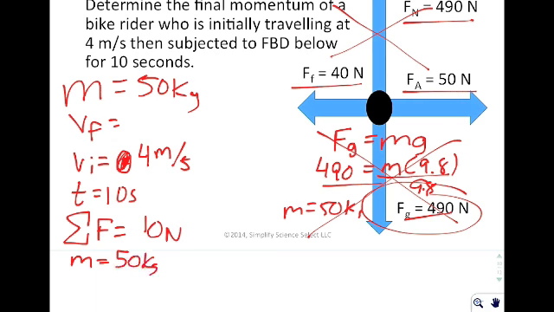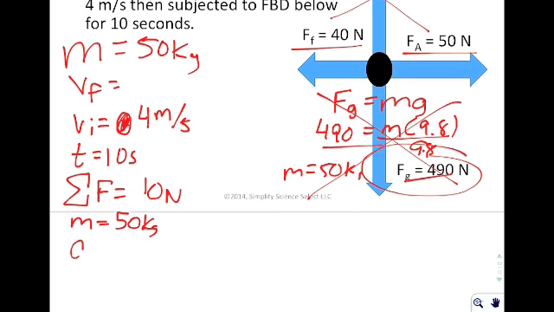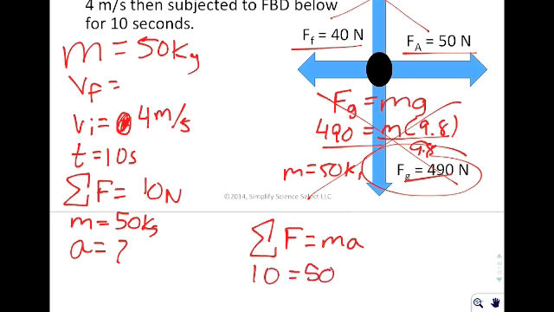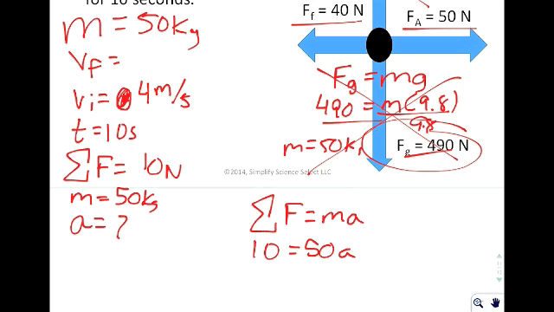What that will allow me to do is now solve for the acceleration. I can say the sum of the forces is equal to the mass times the acceleration, or 10 is equal to 50a. Divide both sides by 50, and you get an acceleration of 0.2 meters per second squared.